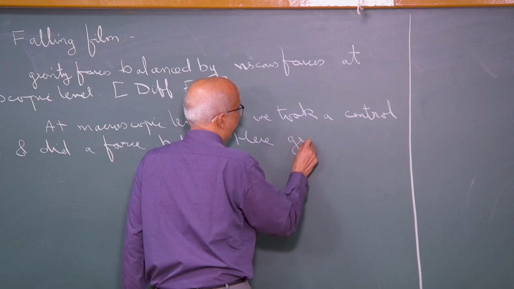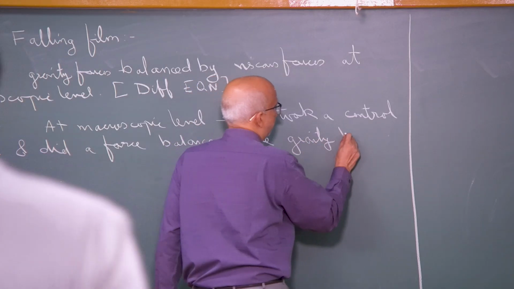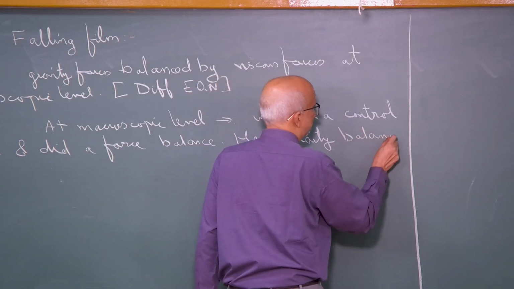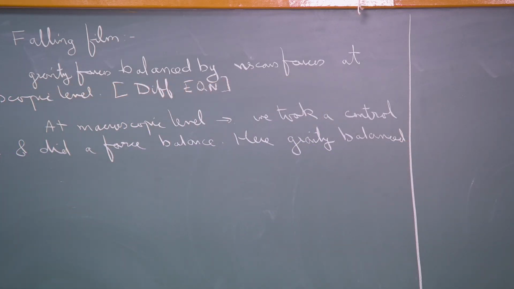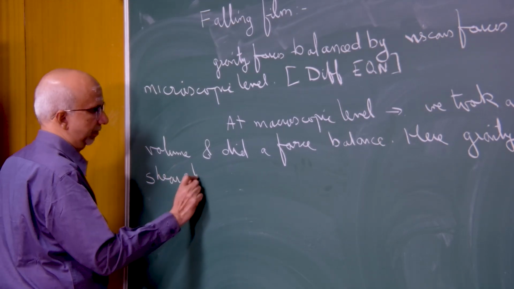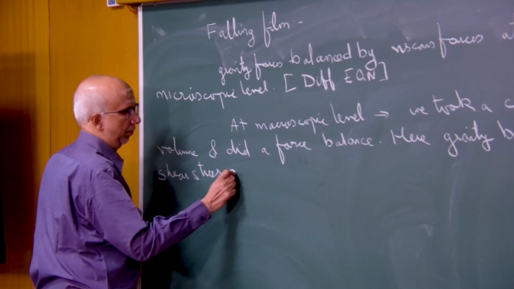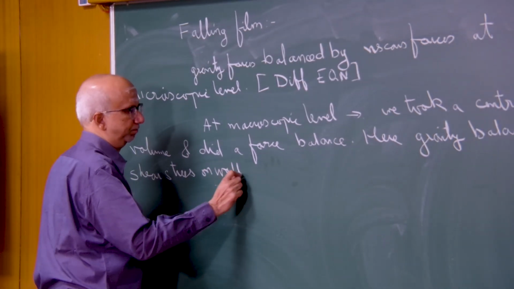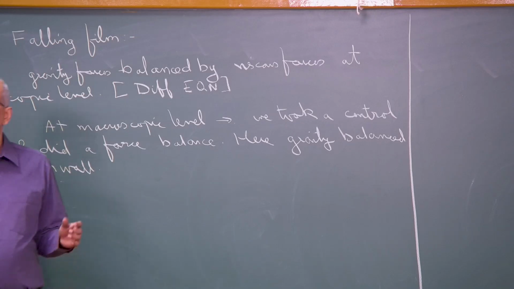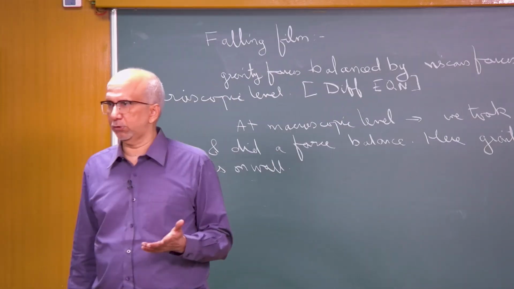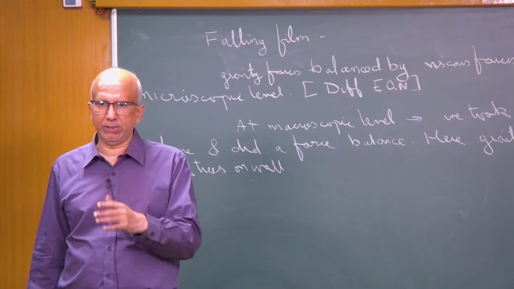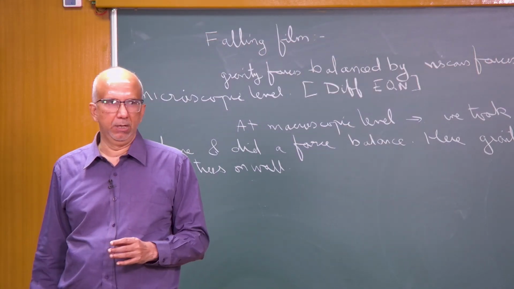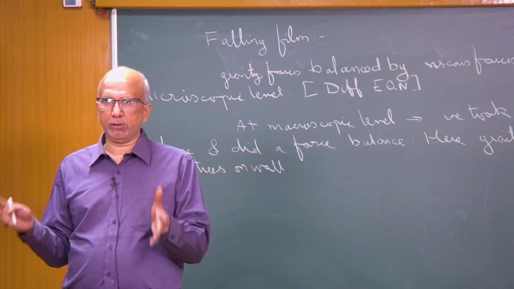Here the gravity balanced the shear stress on the wall. Shear stress is coming basically because of viscous force. Shear stress at the wall is mu times the gradient of velocity. So, that was the macroscopic version.